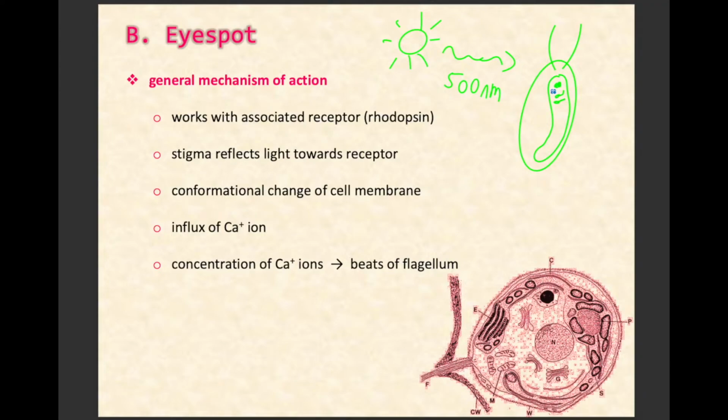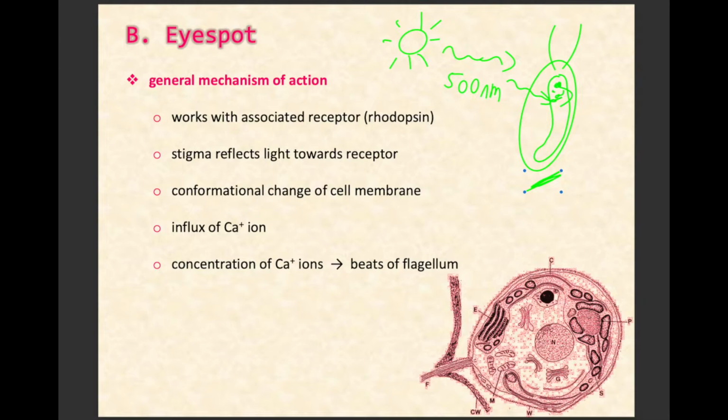Your lipid droplet will capture and bounce off that 500 nanometer wavelength of light towards your rhodopsin molecule, or in this case a chlamydopsin, because we're talking about Chlamydomonas. It's not a perfect drawing; Chlamydomonas is usually more oval to circular in shape, and I just wanted to show the chloroplast.